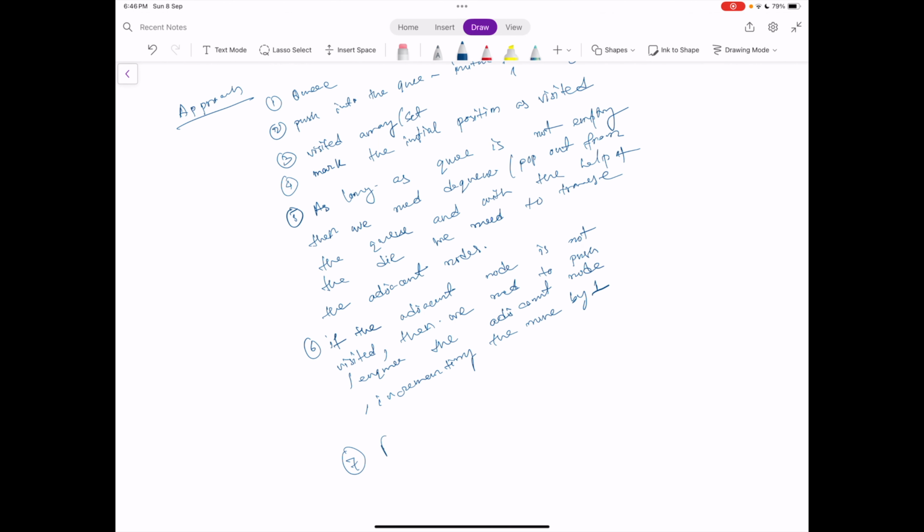Okay, 7th: from this adjacent position number, we need to get the row column number.